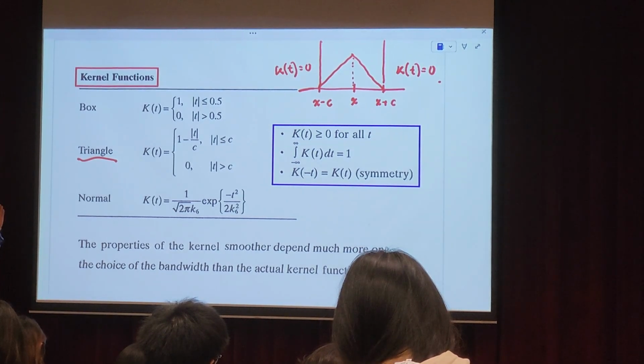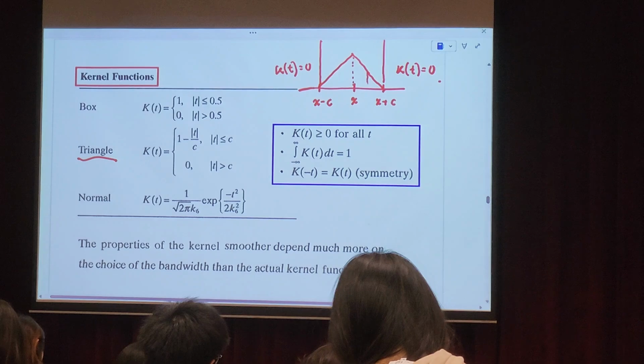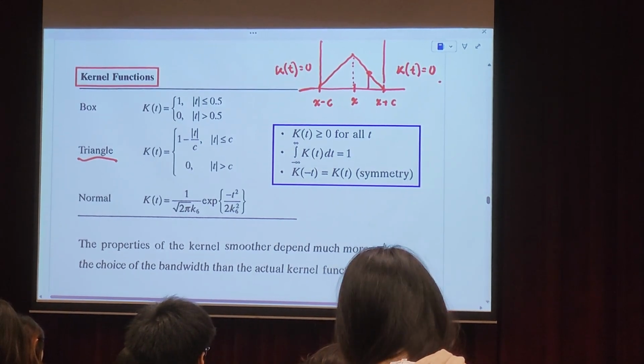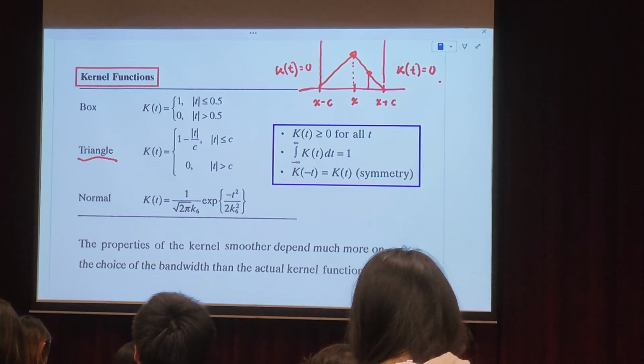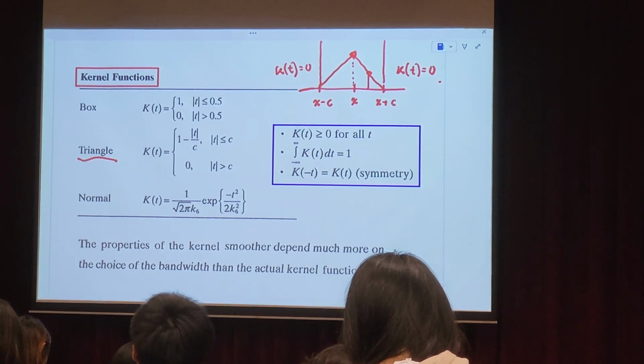If it is further out from x, then the weight drops to this point. So the weight here is the highest. If it moves further out from x, the weight will drop. That's why it's called triangular.